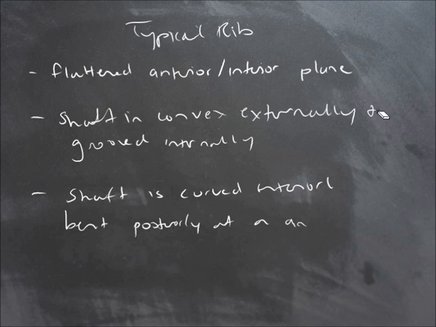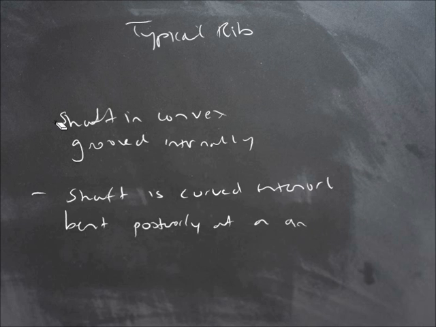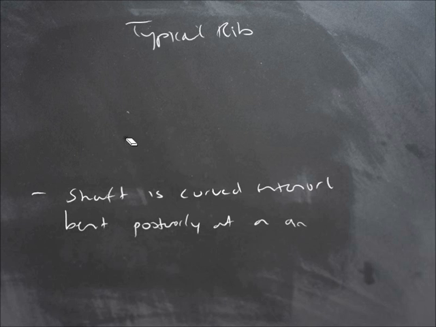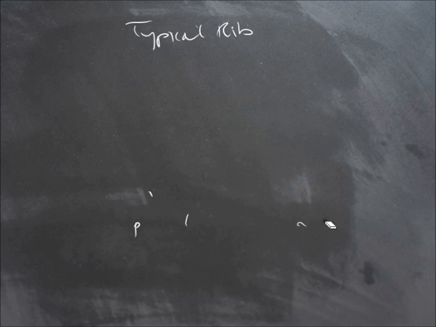Okay, so let's get drawing. I'm going to draw this rib posterior view, so you can have a look at the groove that's on the inside of it. It's just easier to get all of the features in if you draw it this way.